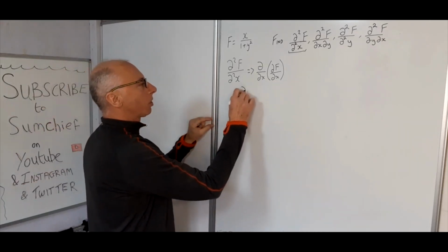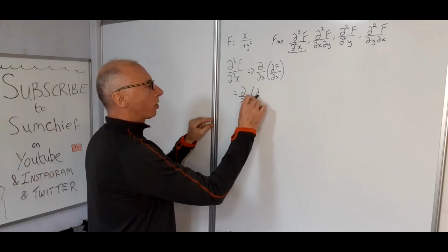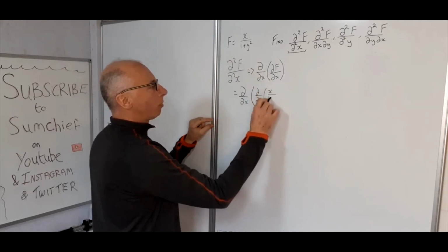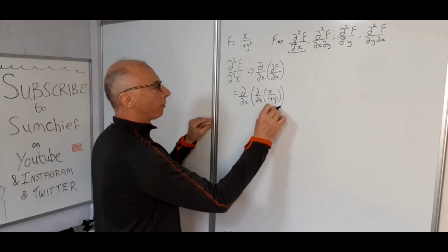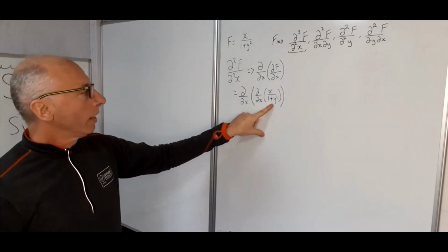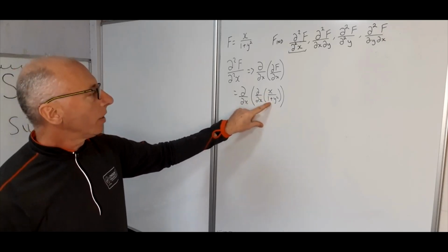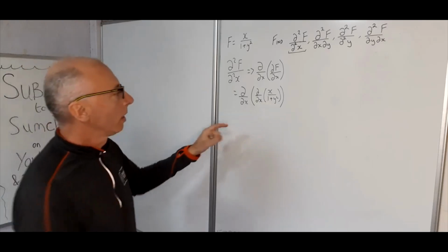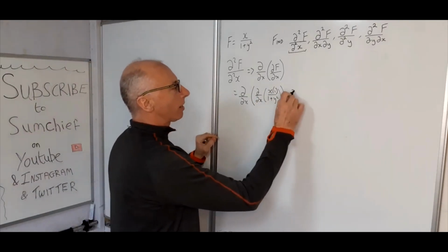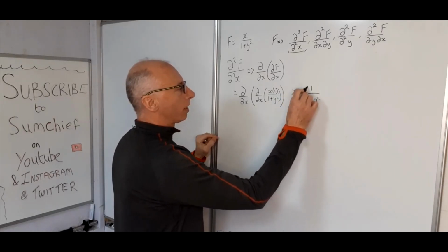So that's now the partial with regards to x, and then the partial with regards to x of our function, which is x over 1 plus y squared. Now in this x over 1 plus y squared, the x is the variable of interest, and the 1 over 1 plus y squared, because we could put an imaginary 1 here, we could write that as x times 1 over 1 plus y squared.